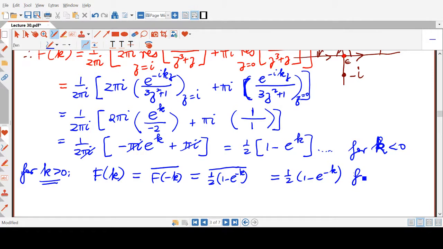And this is for k more than 0. In summary, I can say f of k, well, look at them. Both look the same, except for the sign change.